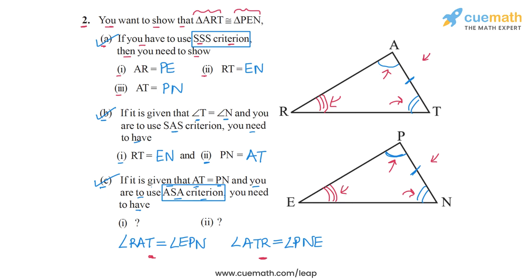So the ASA criterion can be applied even if the equal side pair is not the included side pair between the two equal angle pairs. But the answer given in the NCERT textbook for this part is actually these two equal angle pairs, which include the equal side pair.